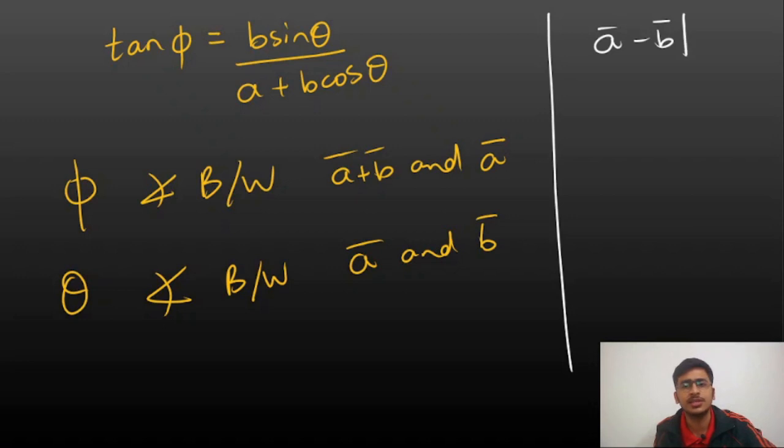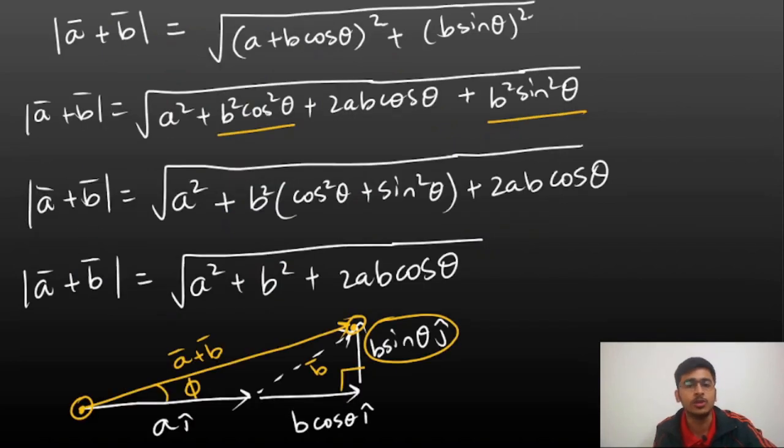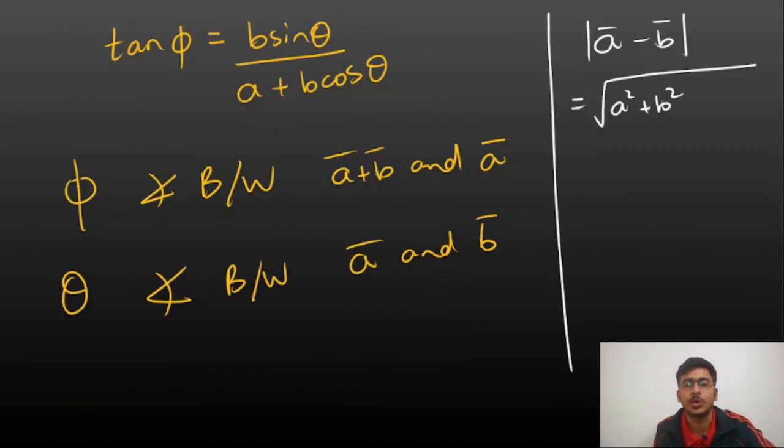It's easy, just try it out. You'll get a similar formula: the magnitude is the root of a squared plus b squared, but instead of plus 2ab here, you'll just get minus 2ab. And similarly, just try to find out what angle it is.